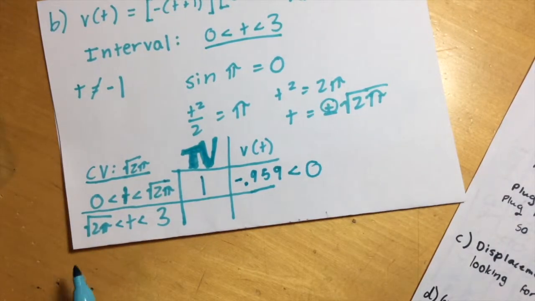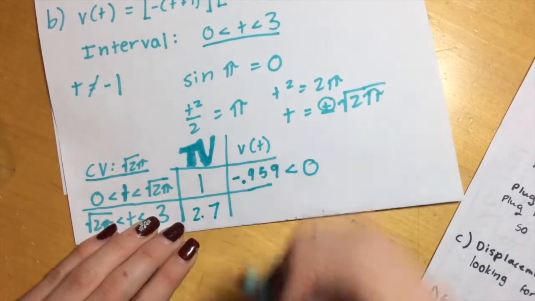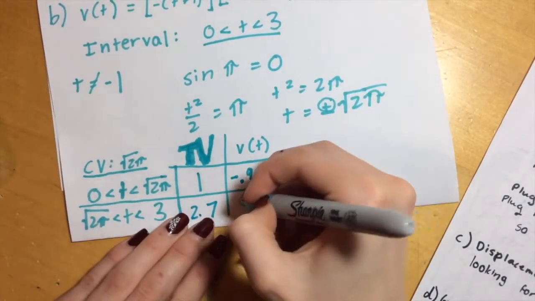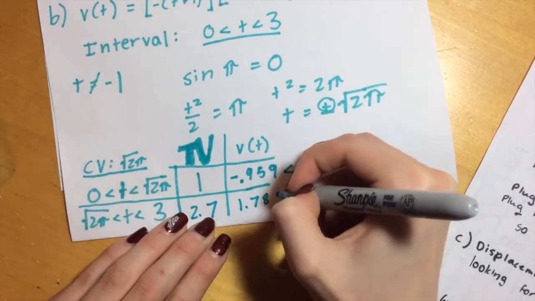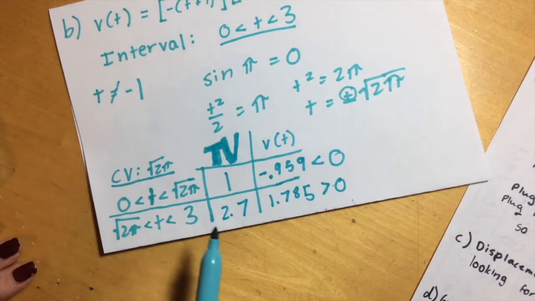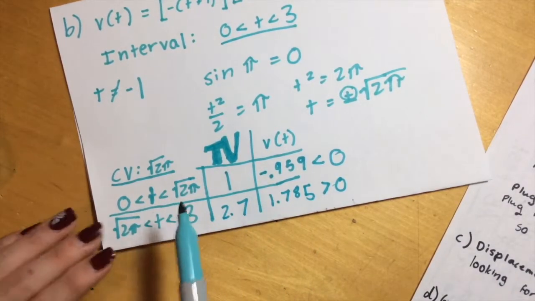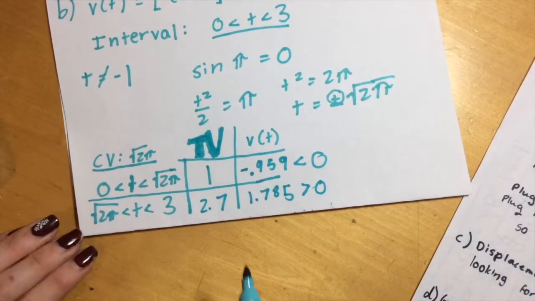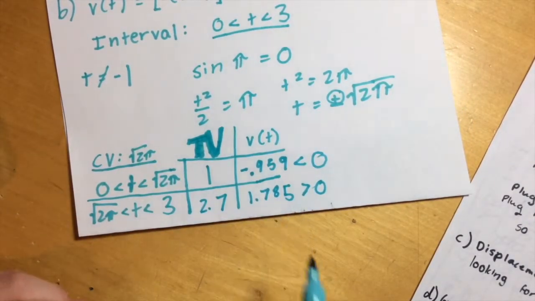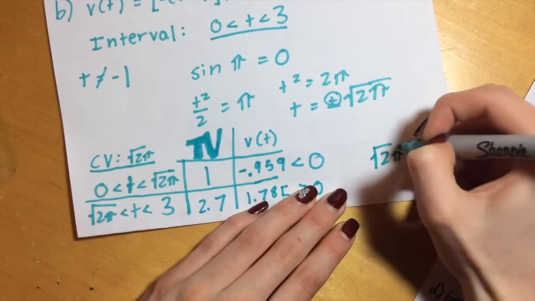For the interval the square root of 2 pi is less than t is less than 3, we're going to test the value 2.7, and that comes out to be 1.785, which is greater than 0. Since the values of the velocity change signs between these two intervals, we can confirm that the particle changes direction at time square root of 2 pi.